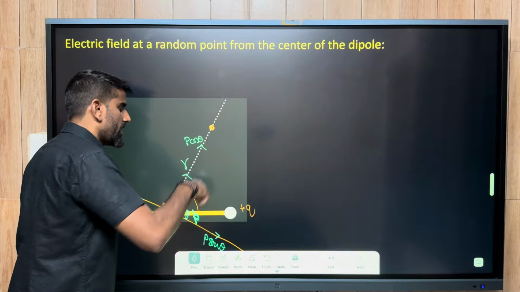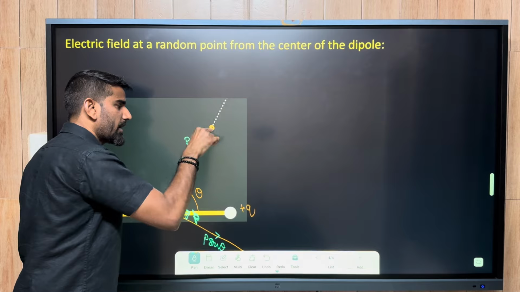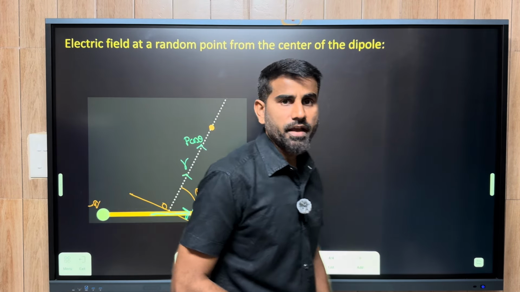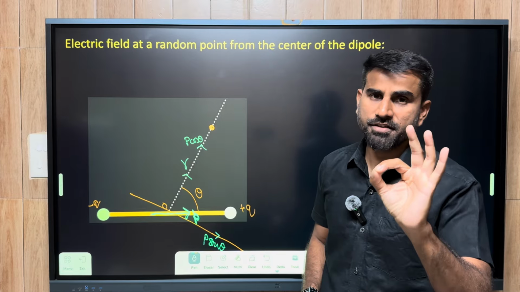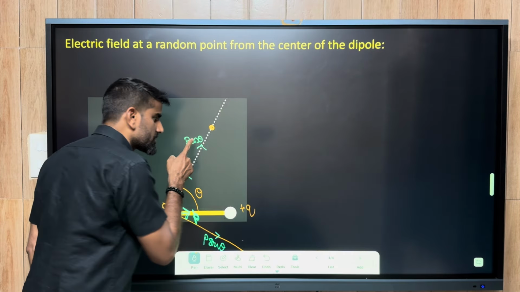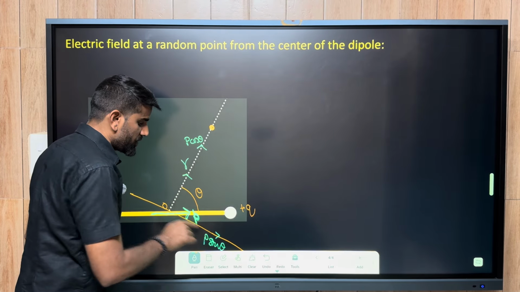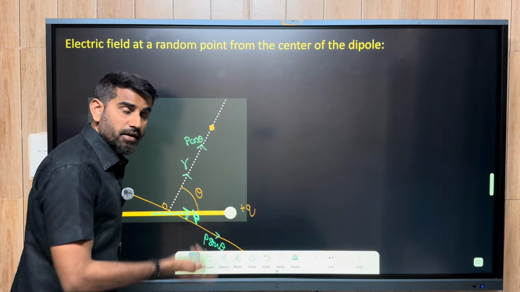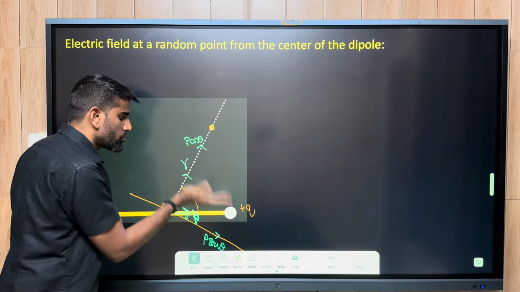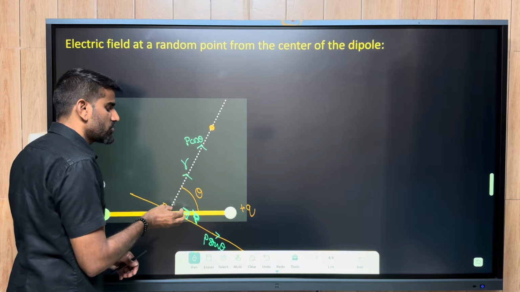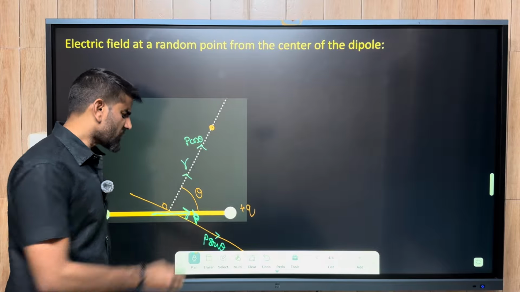I'm going to reiterate the statement. P cos theta is the dipole moment of one dipole, and P sin theta is the dipole moment of another dipole. This P is not existing here. Now this P is resolved into two components, P sin theta in this direction, P cos theta in this direction. Now P does not exist.